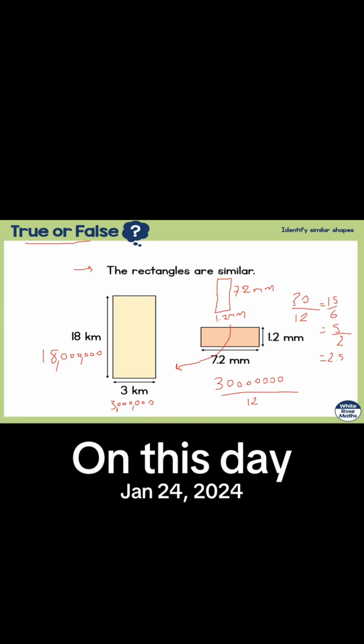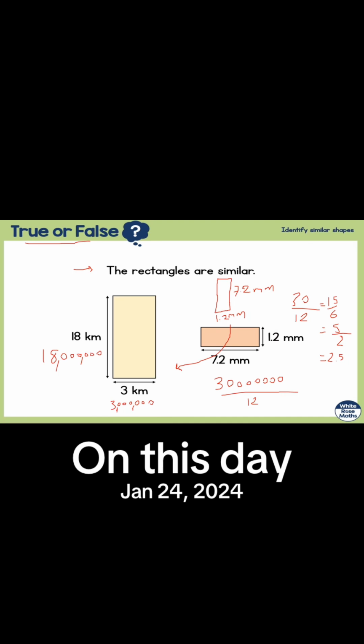Working this out, 3 million divided by 1.2, so it's 250,000. And then to go from here to here, I'm going to do 18 million divided by 72, and I get the same scale factor.